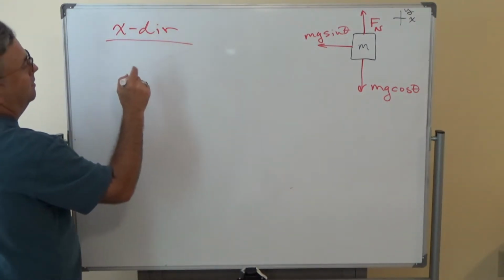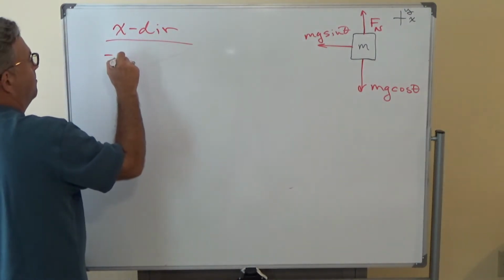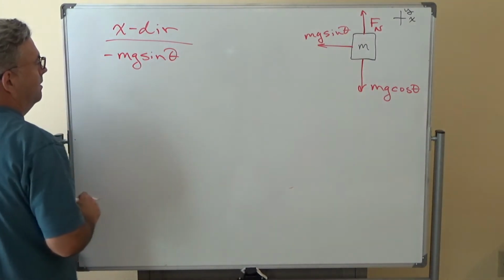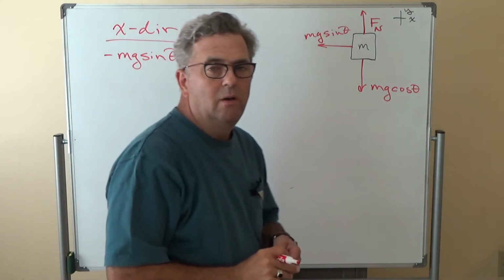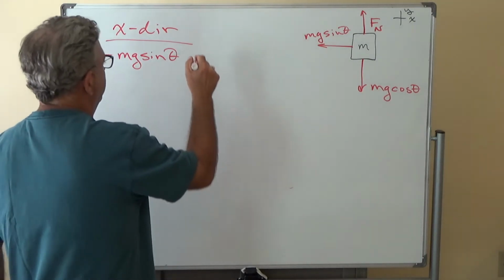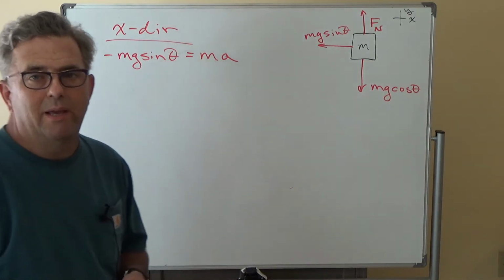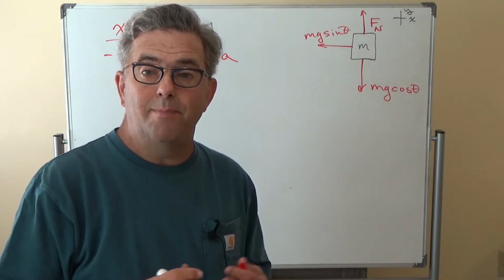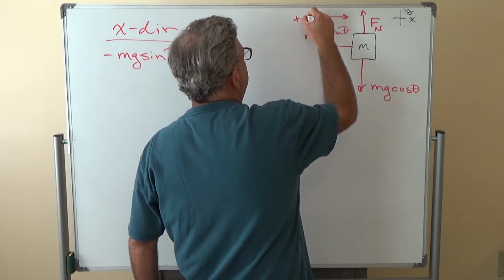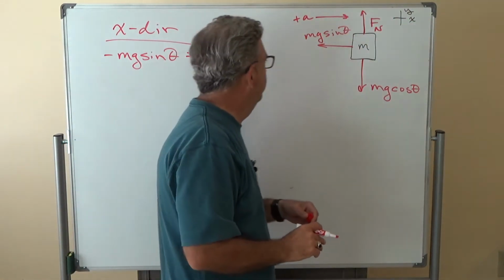So if up the plane is positive, we have minus mg sine theta. That's the force acting on the object along the incline or parallel to the incline. And that is equal to little ma. Okay, I'm making a positive. This will be the positive acceleration direction. Nothing strange about that. That's the positive x direction.